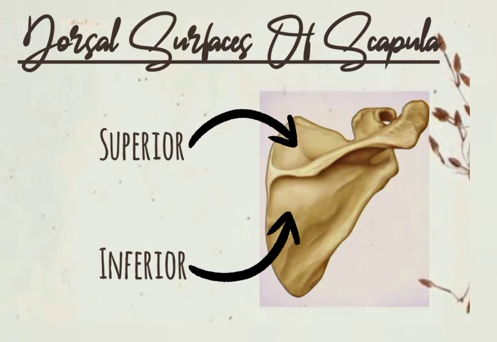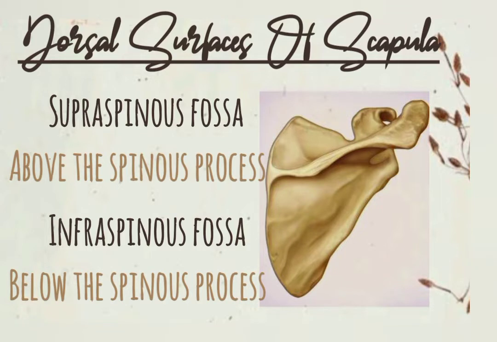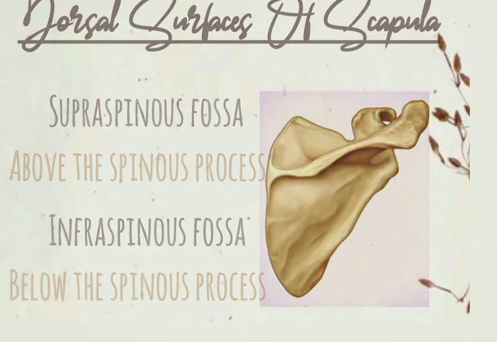These superior and inferior halves bear a fossa, which is called the supraspinous fossa and the infraspinous fossa respectively. It is termed so because of the spinous process. The superior half is above the spinous process, so it is called the supraspinous fossa, and the inferior half is below the spinous process, so it is called the infraspinous fossa.